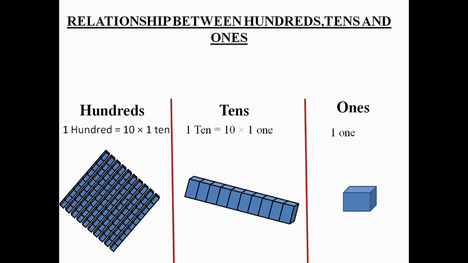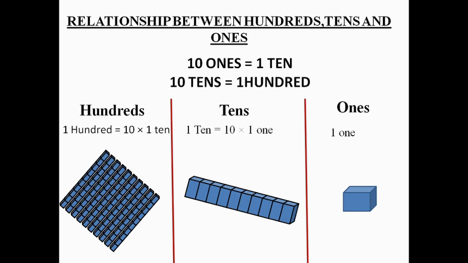So the relationship between hundreds, tens and ones: 10 ones is equal to 10. 10 tens is equal to 100. Now let us understand this with the help of an example.